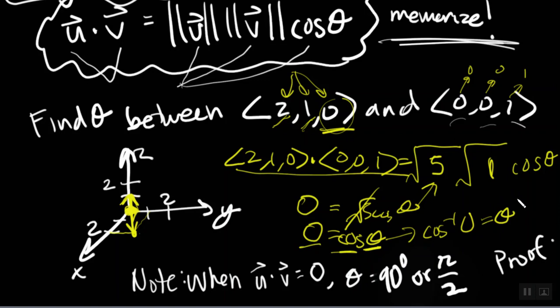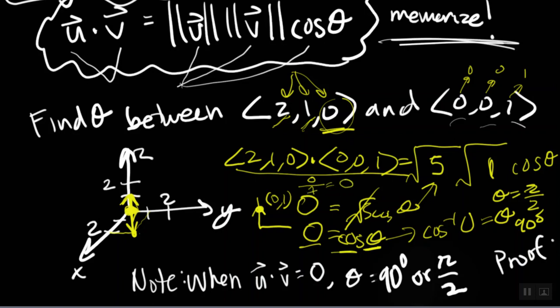Well, if you know, the angle is going to be pi over 2, or 90 degrees. And this is basically because at 90 degrees, the point is, well, 0, 1. And cosine is always thought of as x over r. So 0 over r, which is always 1, is always 0.